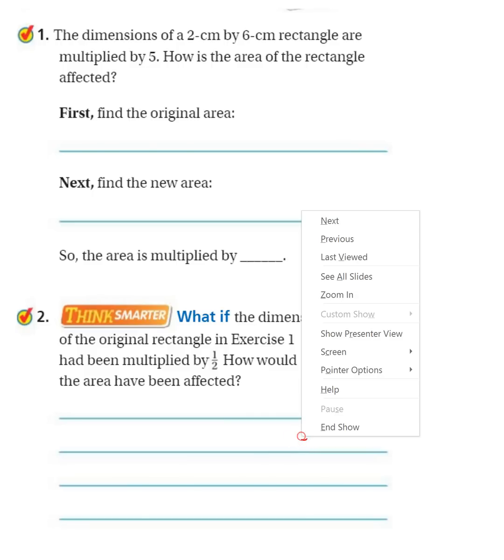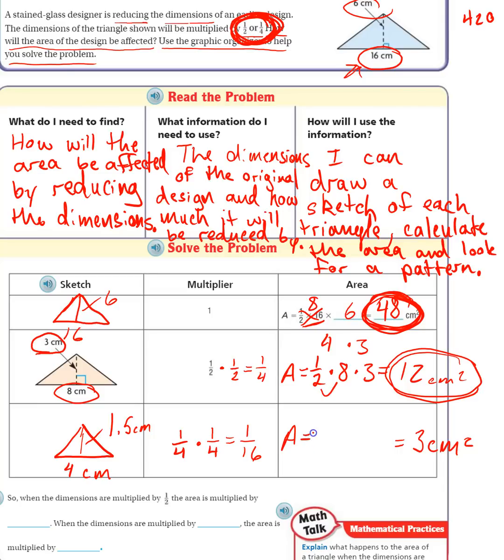Area equals 1/2 times the base, which is 4, times the height, which is 1.5. Well, I know half of 4 is 2, so I just need to do 2 times 1.5.